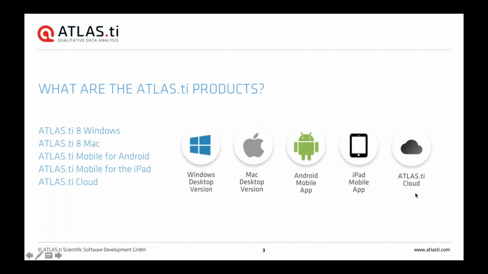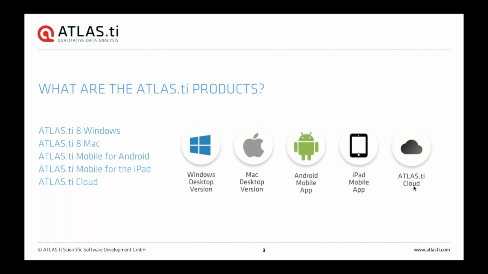And we've also recently launched a brand new version of the software, and that's ATLAS.ti Cloud. So this is the first version of ATLAS.ti that's fully based online. And so you don't even need to download and install a software on the computer. You just need a computer with an internet connection, and you can log into your ATLAS.ti Cloud account and continue analyzing your data. Now, at the moment, ATLAS.ti Cloud is in its beta version.